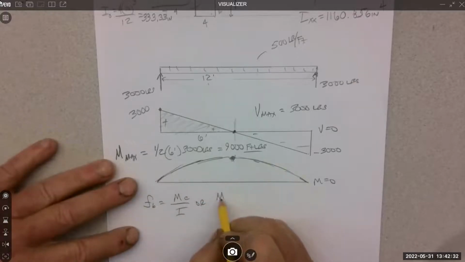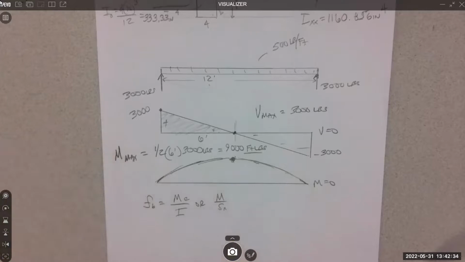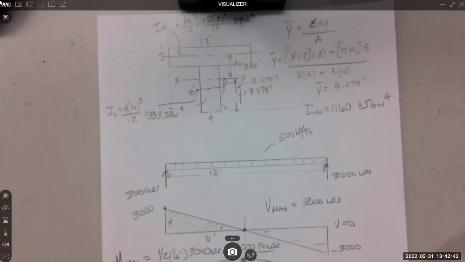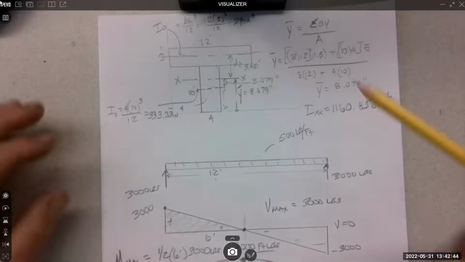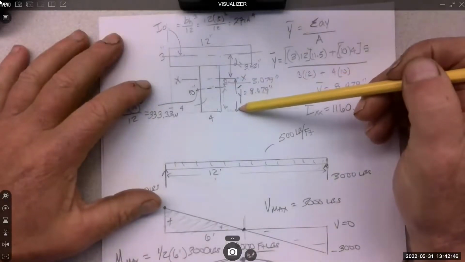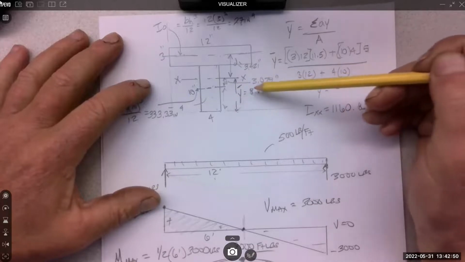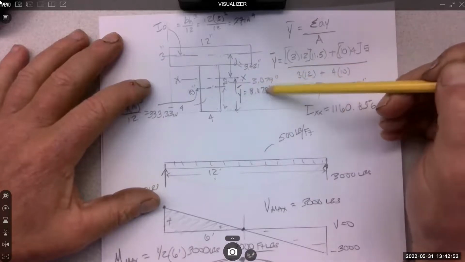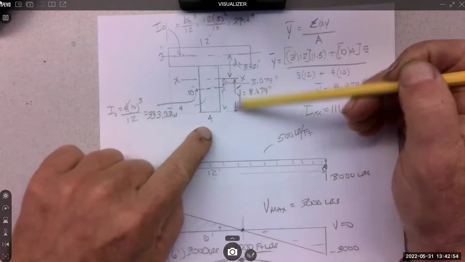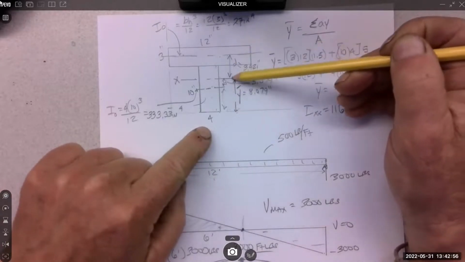Yeah, so C is going to be from the neutral axis to the outermost fiber, the biggest one, because often there's two. And we have two, because our neutral axis is here, right? And so this bottom section, 8.079 is one C distance, and then the other C distance is up here.